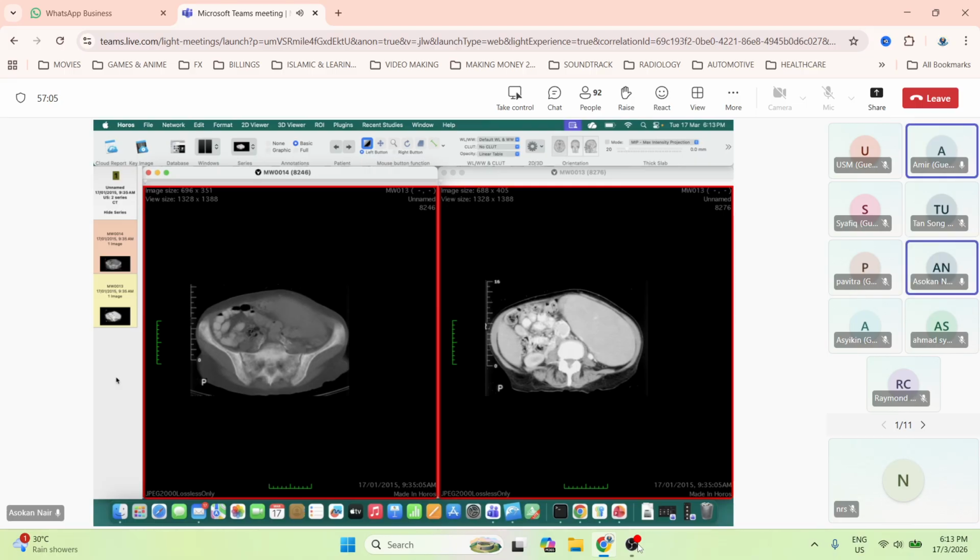Yes. Now have a look. There is involvement of the bone with areas of lucency and lysis within the iliac bone, mainly over the left side, but involving the right iliac wing as well. So this might be a lytic bone metastasis.